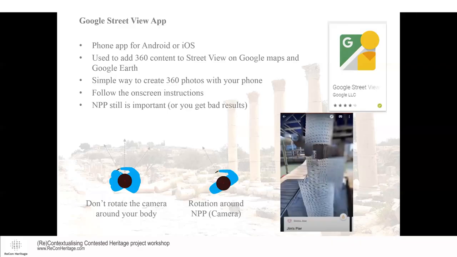In order to get good results, think about rotating yourself around the camera and the camera staying in a fixed position. That way you end up rotating the camera lens around the no parallax point, reducing the amount of errors that you're likely to get.